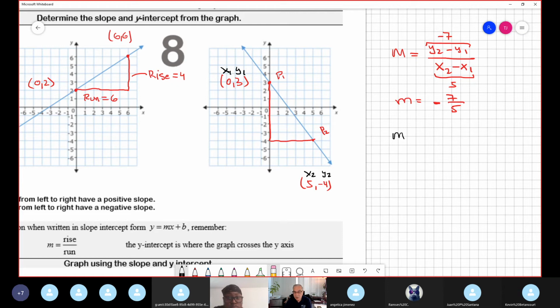So the formula for the slope is y2, which is -4, minus y1, which is 3, divided by, in the bottom, x2, which is 5, minus 0. Okay, so now I discover that the rise, the top part, is -7/5. Exactly the same. No problem. We are the best in Miami-Dade College.